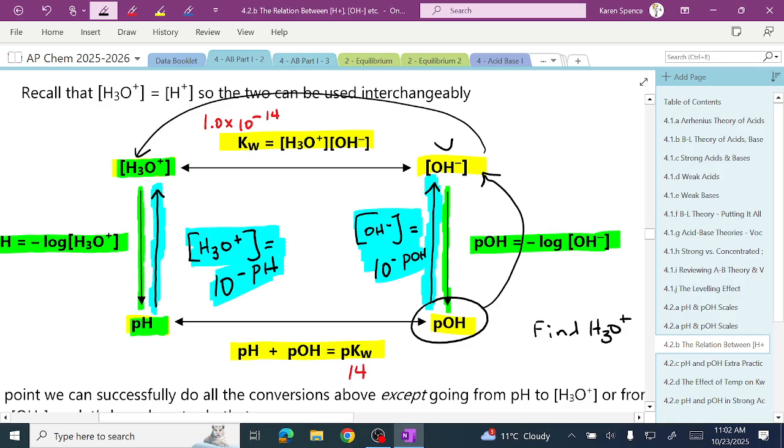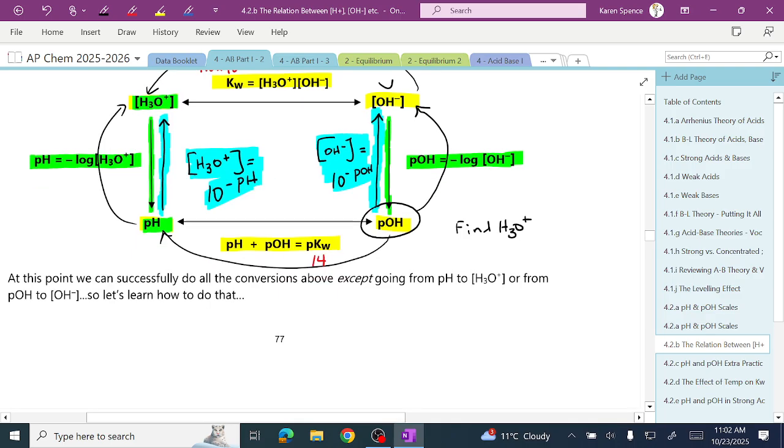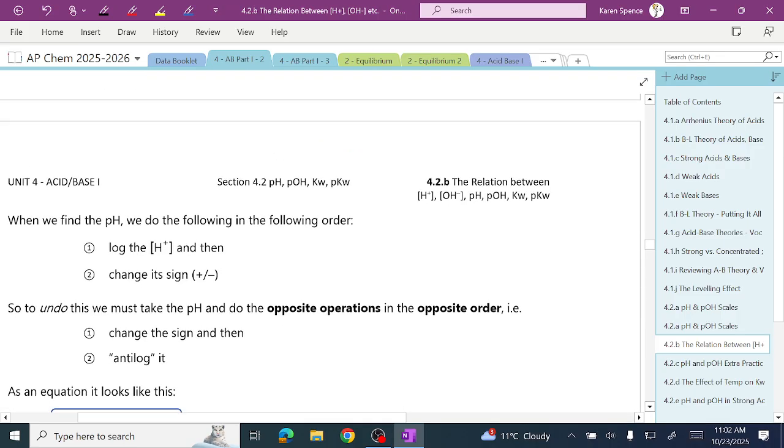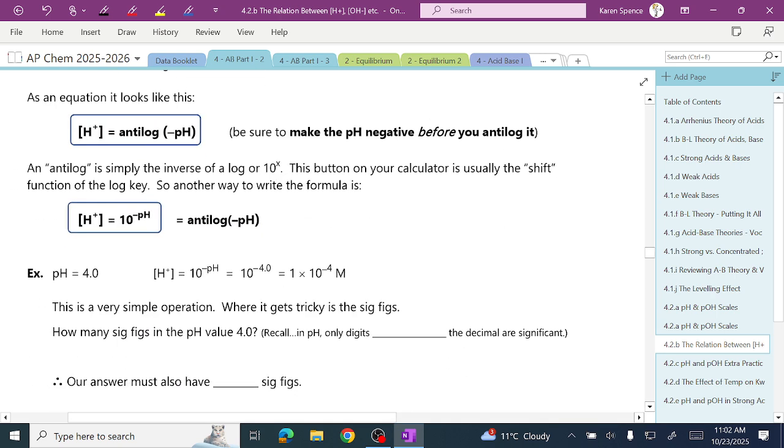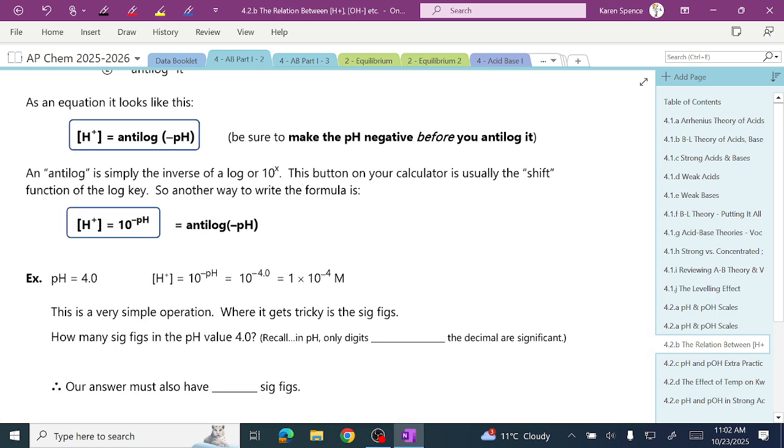Or you could take your pOH, find your pH, and then go to hydronium. Does it matter? No. So once you feel comfortable with this little chart, you can stop referring to it. Yes? If you like using it at the beginning, that's fine.